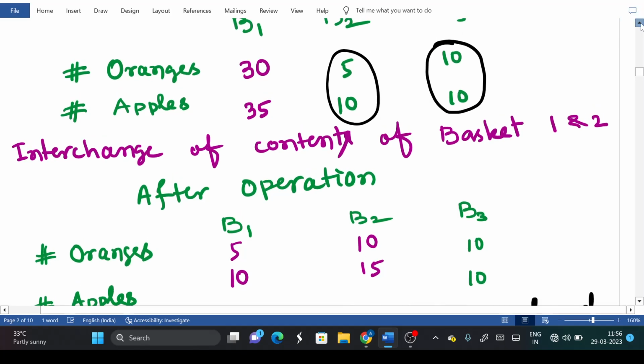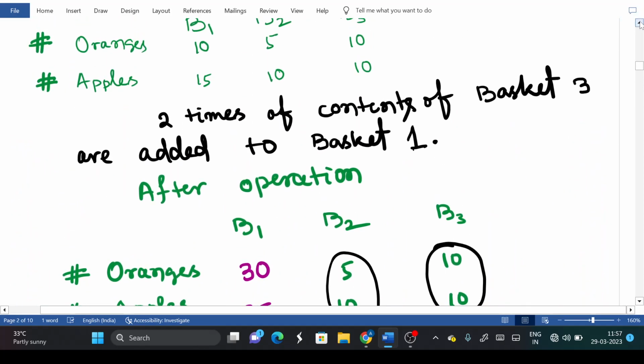Because what I have done here, when I write R1 plus R2, that means the contents of row 2 are added to row 1. That means the contents of row 1 will change.